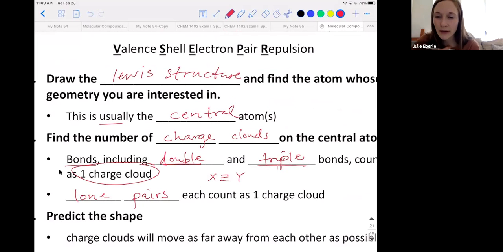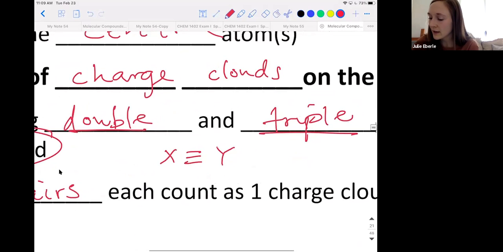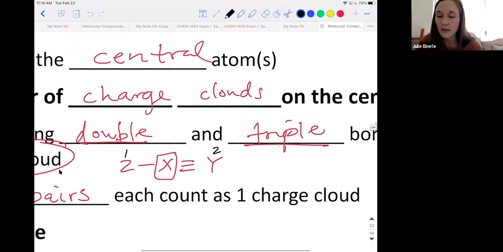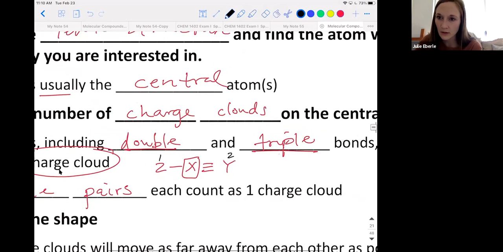But remember, we count double and triple bonds as one charge cloud. That's why for me, I like to look at this and say, if atom X is my central atom, how many different atoms is it bonded to? How many bonded atoms do I have here? Well, I know that it's bonded to atom Z. There's 1 bonded atom, and atom Y, there's 2 bonded atoms. And you count so on and so forth like that, instead of just counting bonds, so that you don't get it wrong. We'll do more examples of this in the future.